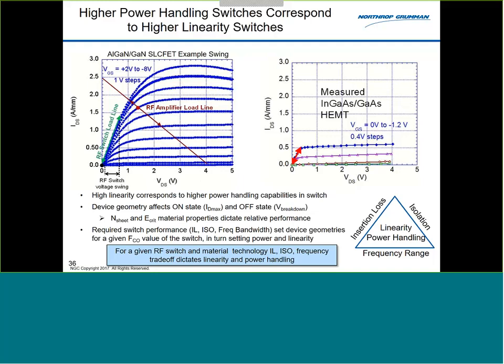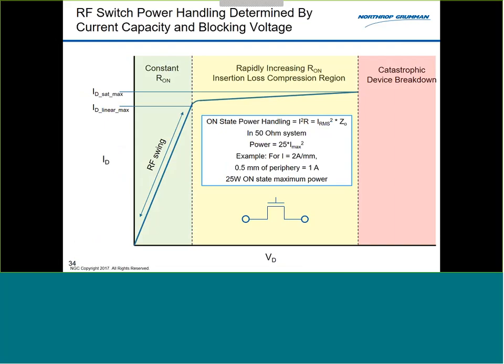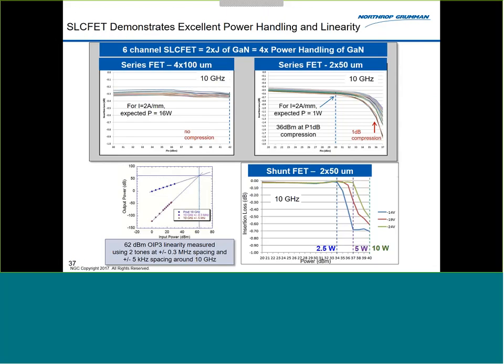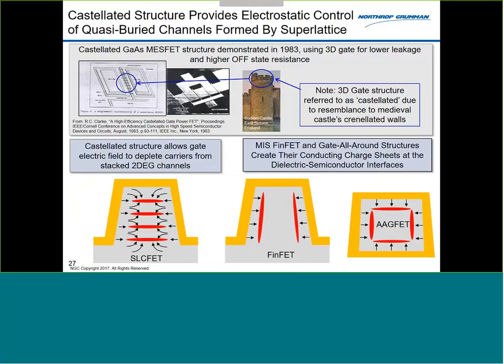The SlickFET is a unique hybrid of all of these things, where it relies on this super-lattice, so it has that same super high density HEMT structure all over it, but at the same time I have to worry about that contact.